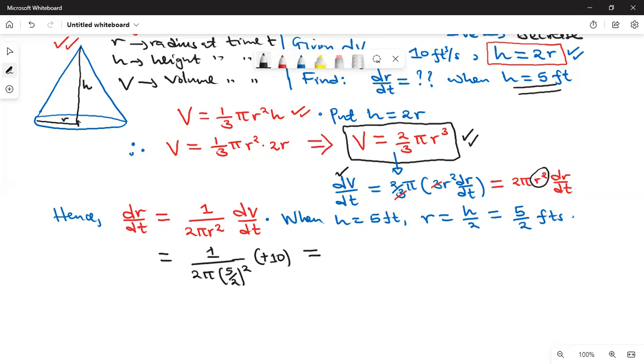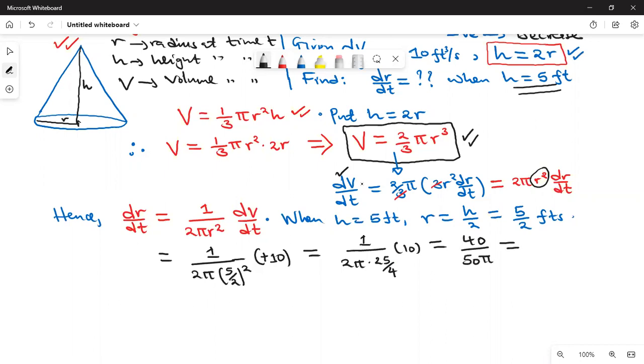So when you work out, this will be the same as 1 over 2 pi times 25 over 4 times 10, which is the same as 40 over 50 pi.